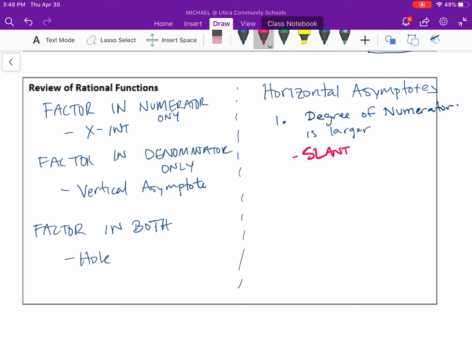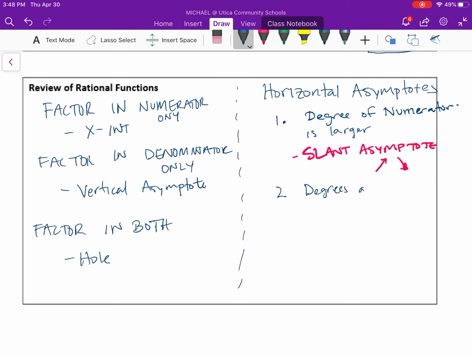We have what's called a slant asymptote, which means it's either going up to infinity or down to negative infinity. It's not getting closer to any number.